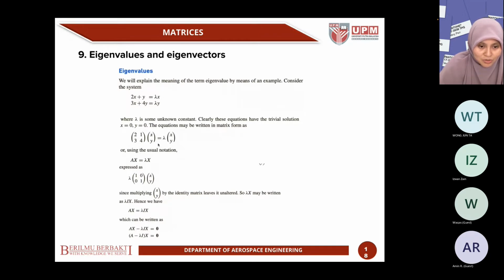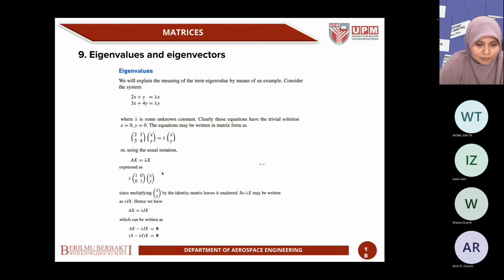This matrix can be noted as A, matrix X, lambda. Lambda is not a matrix. Lambda is a constant, like number 1, number 2, number 3, number 5, etc. X, y is the matrix X.